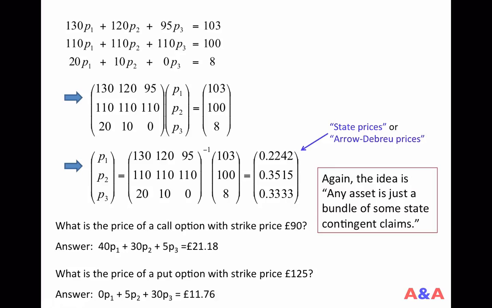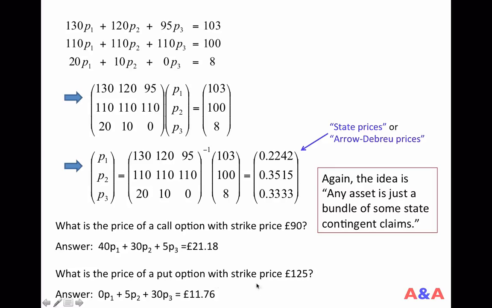If state 3 realizes, the stock price is very, very low. The market price of the stock is £95. Now the value of this put option is very high because you can sell something that is worth only £95 for as high as £125. The payoff from this put option will be £30 if state 3 realizes.